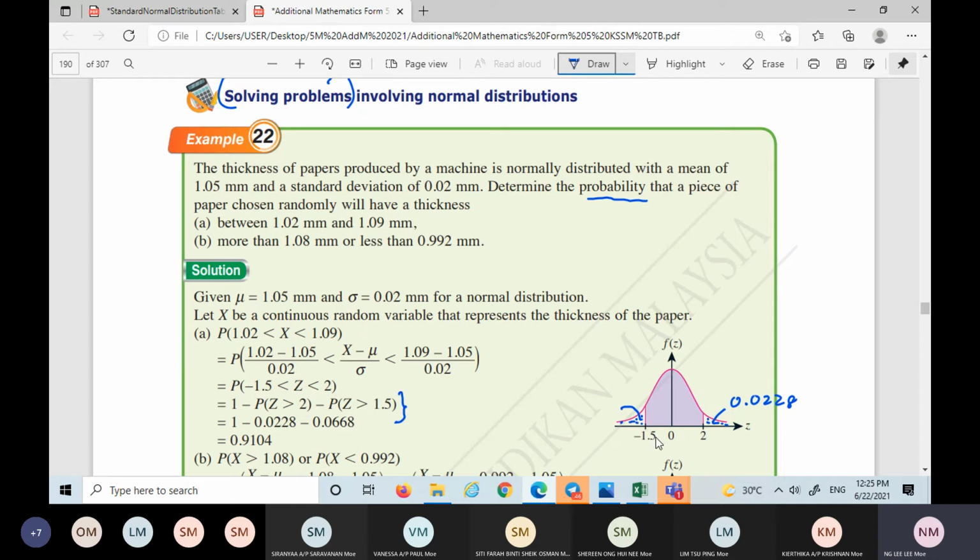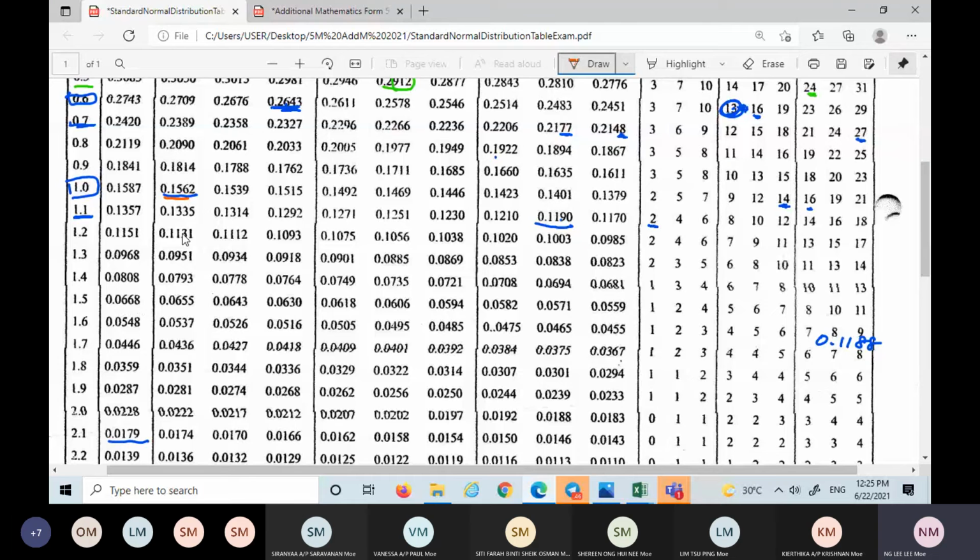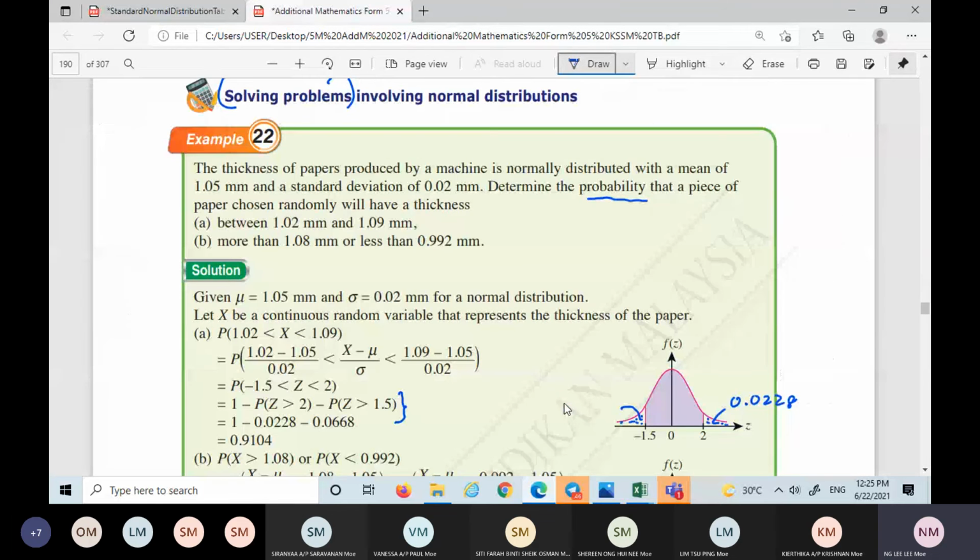If you have done it so many times already, you know this is symmetrical with the right tail, with z equal to 1.5. So go and read 1.5: 0.0668. Done. So how to get the shaded area? It is 1 minus these two. This is how you get it, then the answer.